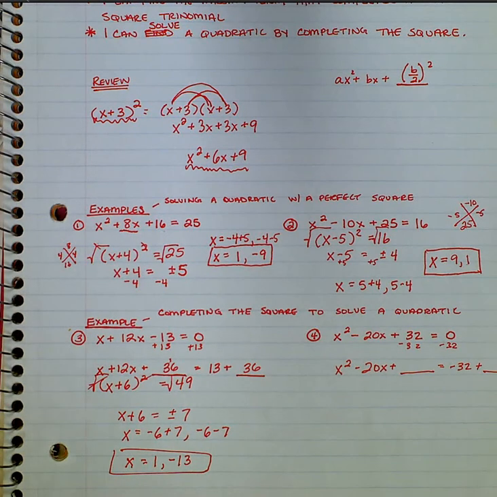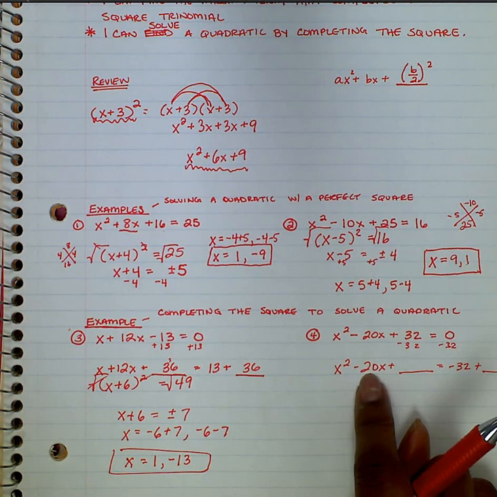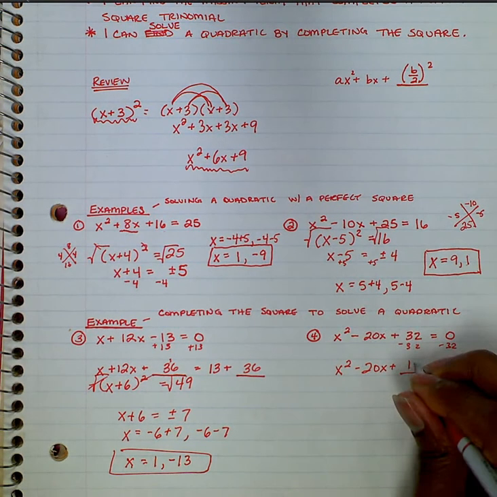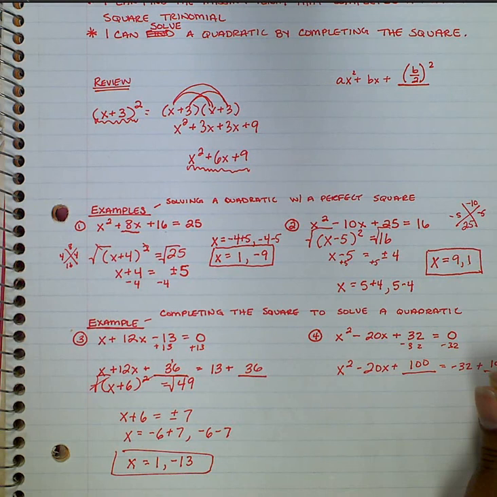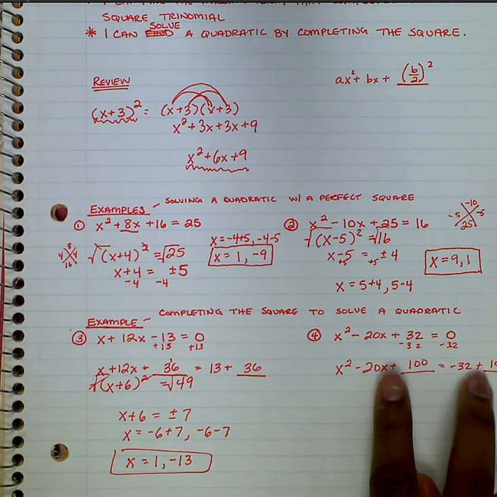Okay, again, my question is, what plus itself equals negative 20? And that'll be negative 10. Then what's that number times itself? Negative 10 times negative 10 is 100. You notice I already wrote the plus because I know it's going to be positive, because it's either going to be 2 negatives or 2 positives, which makes this product always positive.